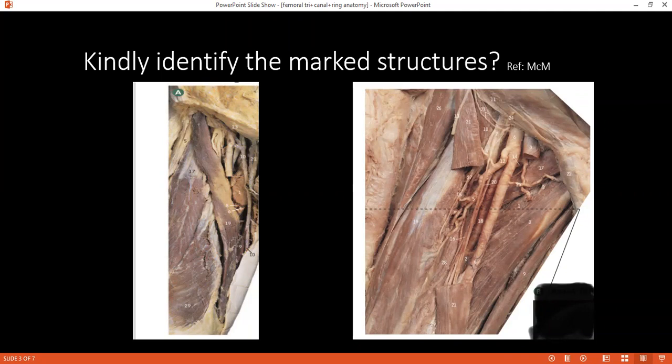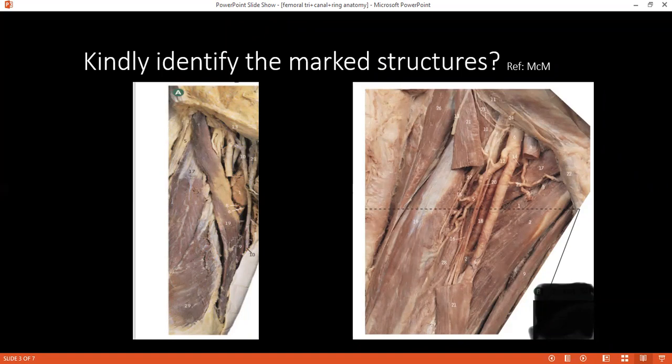From medial to lateral, deep inguinal lymph nodes and lymphatics, then femoral vein, artery, and femoral nerve. All right. Can you please tell me the contents of the femoral canal? Femoral canal contains mainly loose connective tissue and lymphatics and some deep inguinal lymph nodes.